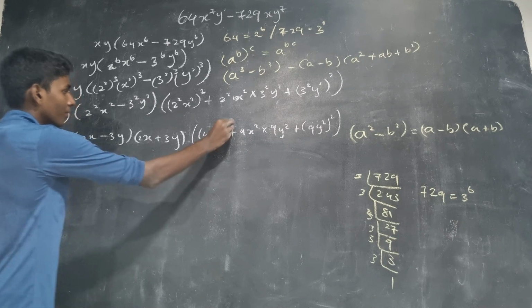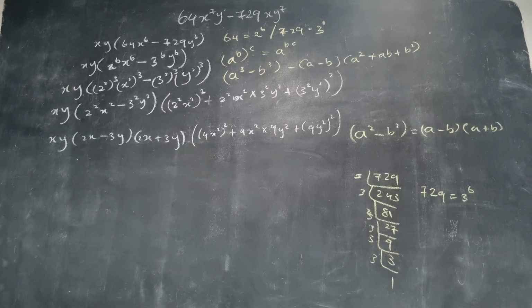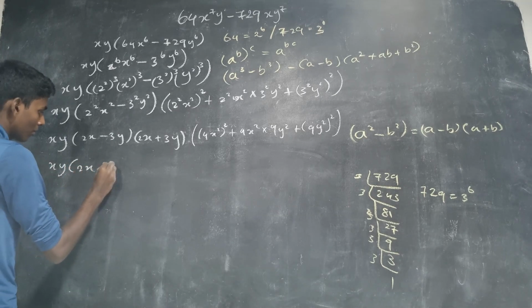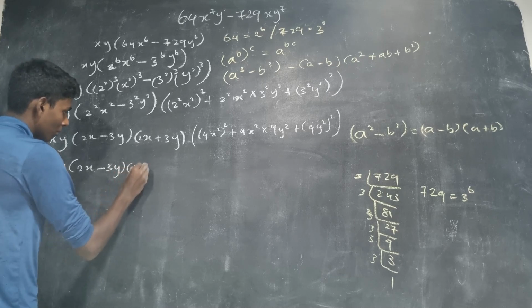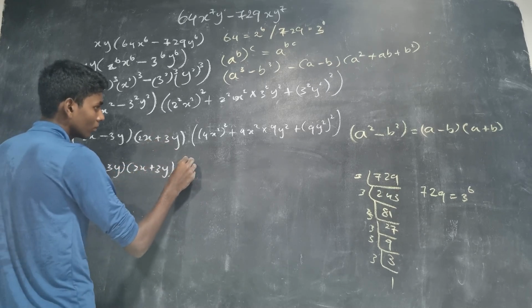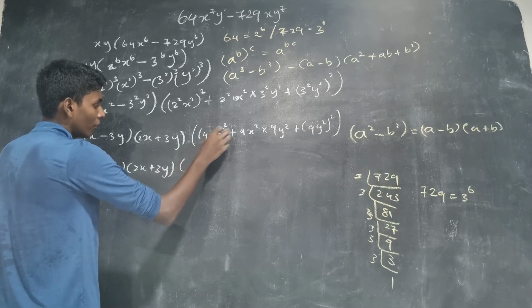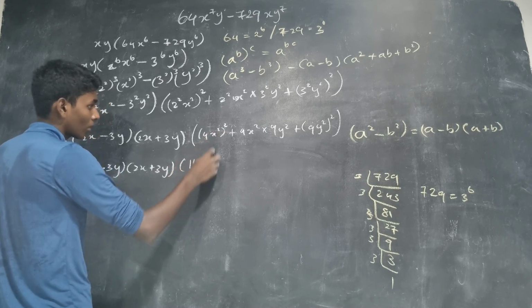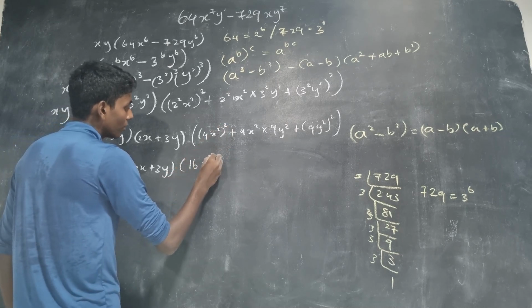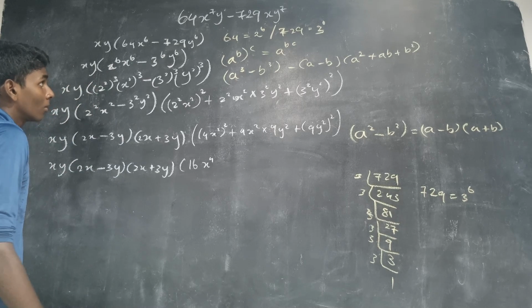Oh, that's it. Okay, and xy. 4 to the power of 2 is 16. x to the power of 2 means x to the power of 4. Alright.